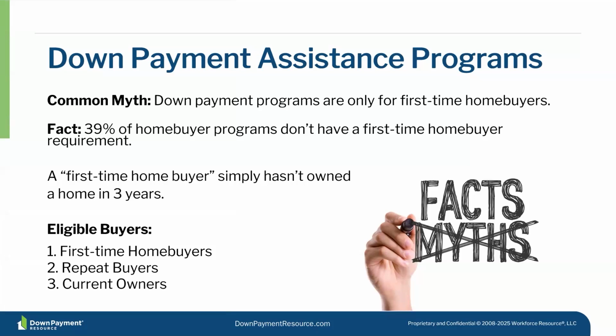Beyond that, most programs do adhere to HUD's definition of a first time homebuyer, which effectively states that you're a first time home buyer if you haven't owned a home in the last 3 years. So, meaning somebody's a homeowner and they end up renting an apartment for a few years. Once they've gotten past that 3 year mark, they haven't owned a home for 3 years, they're considered a first time home buyer for purposes of down payment assistance. So keep that in mind when you're talking to some of your buyers.